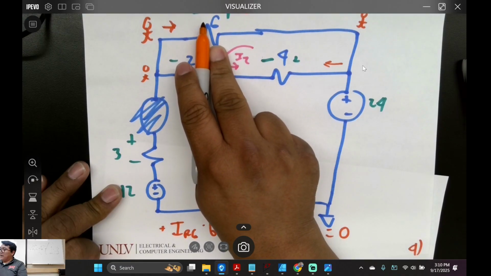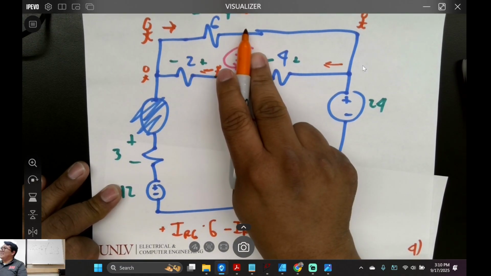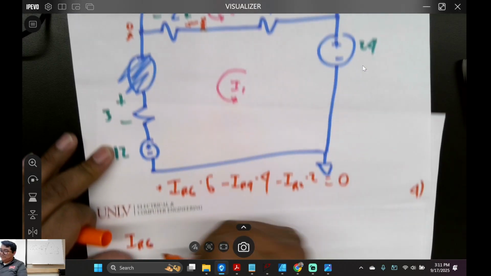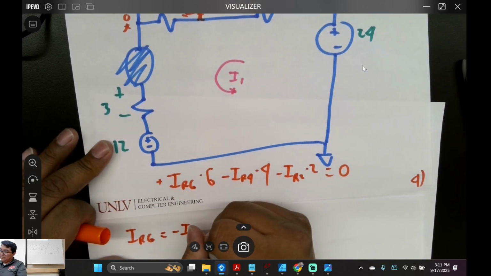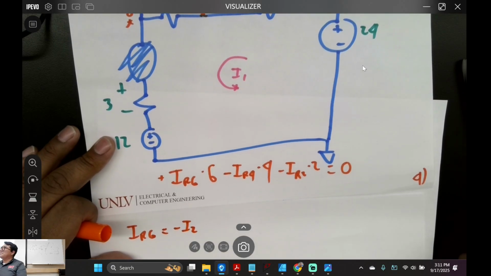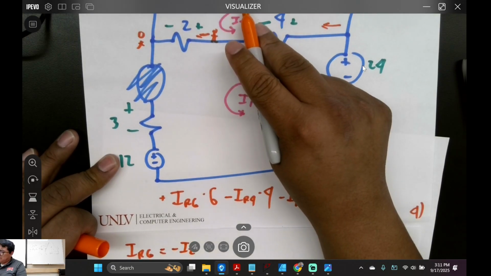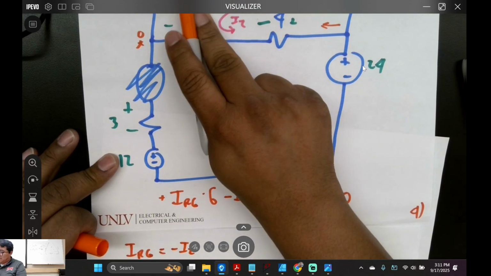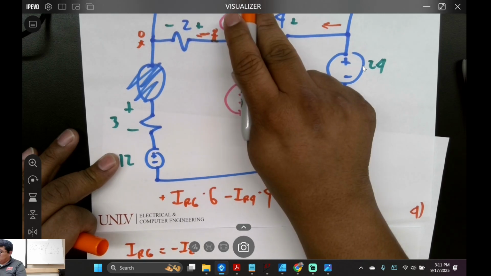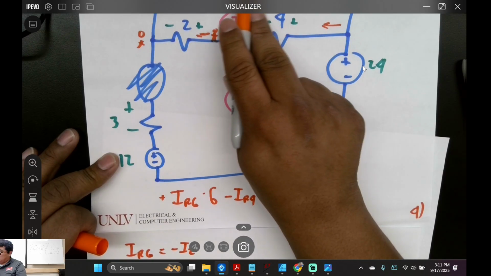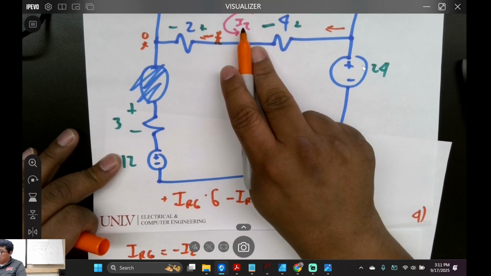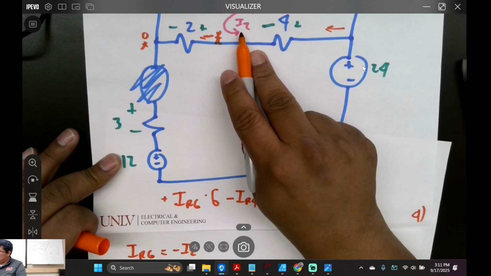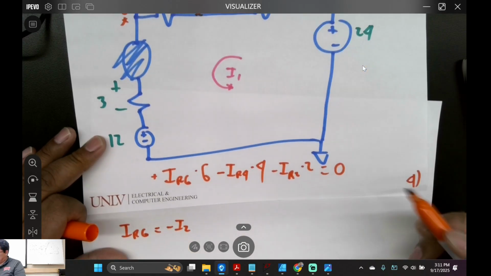So if I'm going against this, it's going to equal, does that make sense? Because plus to minus, I'm going this way. And IR2 is that. Plus to minus, no. IR6 should equal, hold up, give me a second. I need to think about this.